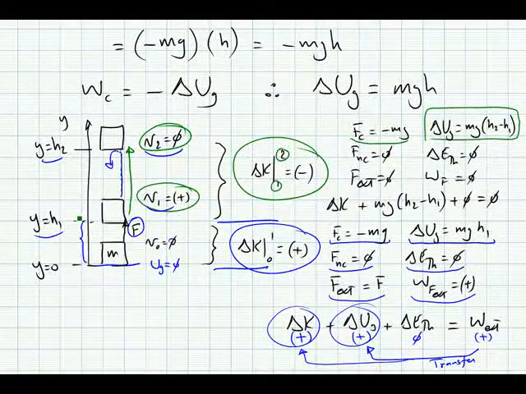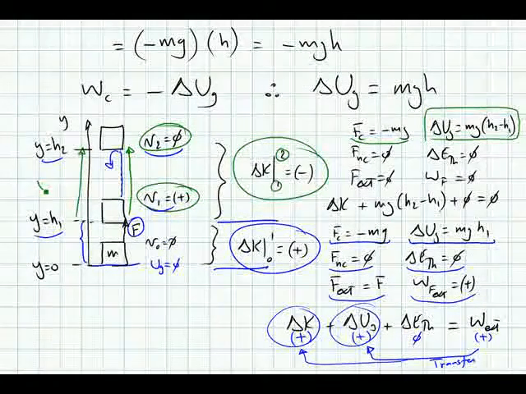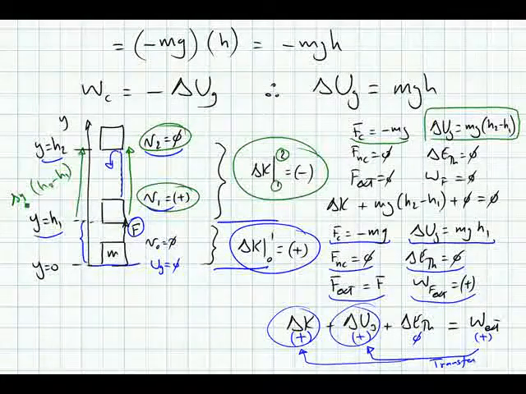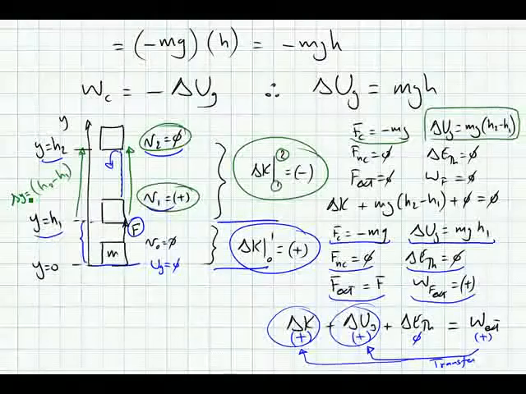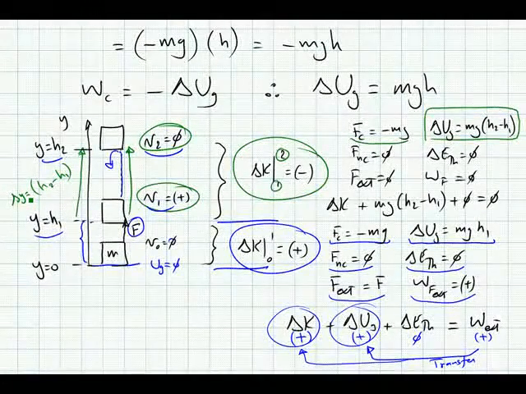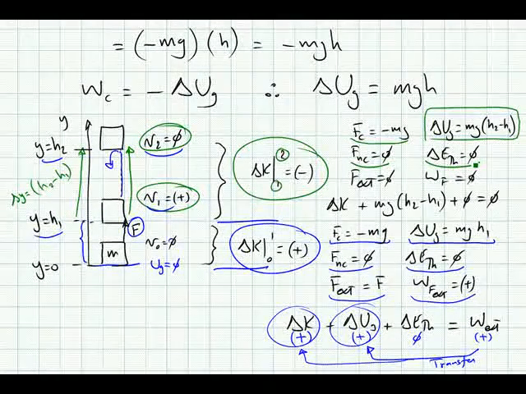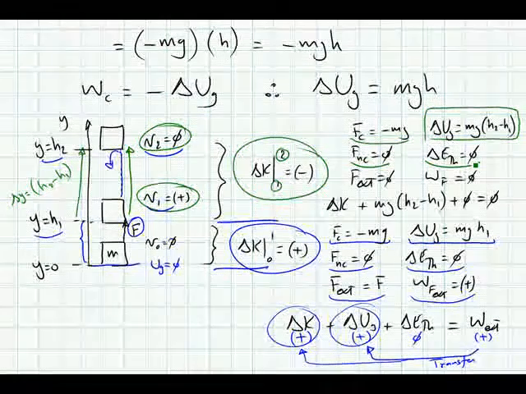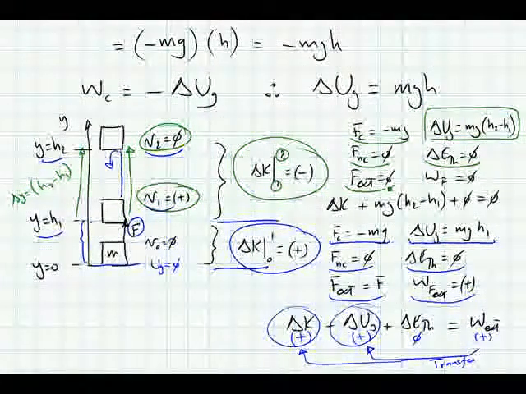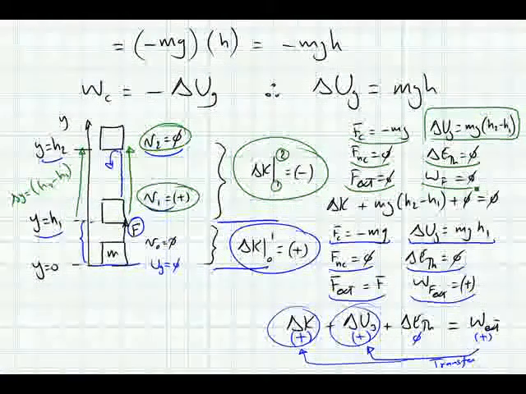Sure enough, we go from height h1 to height h2, and h2 minus h1 is the change in the vertical position of the object over this interval. Once again, the non-conservative forces are 0, delta E thermal is 0. F external no longer exists in the second phase, so work done by external forces is 0.